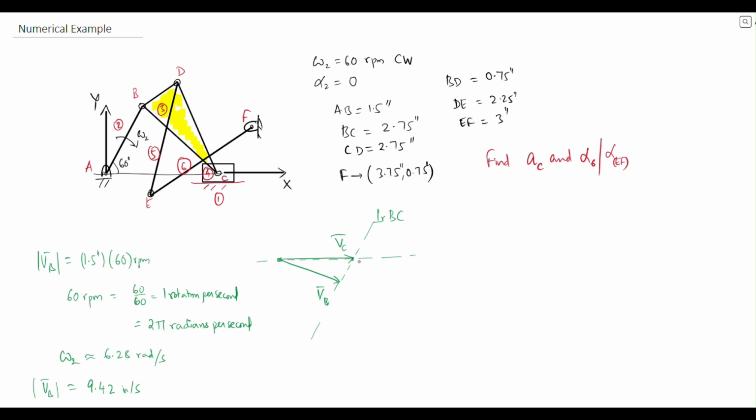So this is V of C. This is V of C with respect to B. Then again, we can measure these off from the diagram if we're trying it to scale.